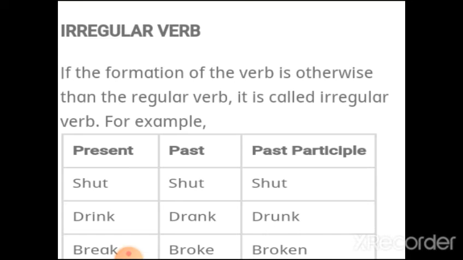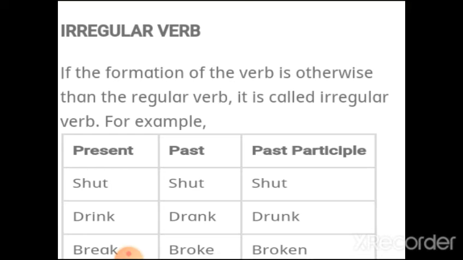The third type of verb is the irregular verb. Let us see what is an irregular verb. If the formation of the verb is otherwise than the regular verb, it is called an irregular verb.